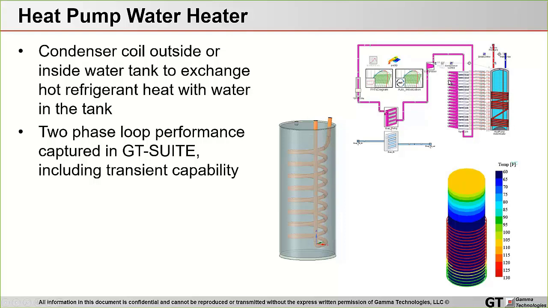And by taking the hot fluid going through the entry of the condenser and then ultimately condensing and exchanging heat with cold water to make it hot, users can analyze not only the two-phase flow heat pump loop here in pink, but also analyze the detailed thermal distribution inside a tank. And so here you can see an example of a water heater tank here where the water temperatures are right in the center, and then the surrounding heat pump coils are shown here on the outside of the tank.